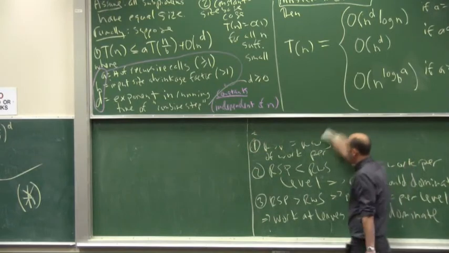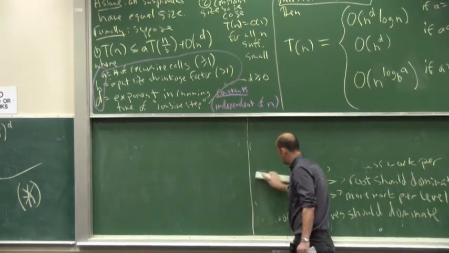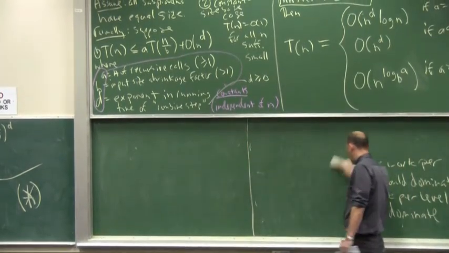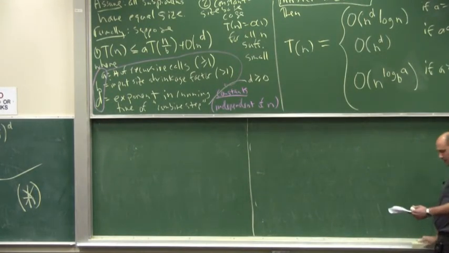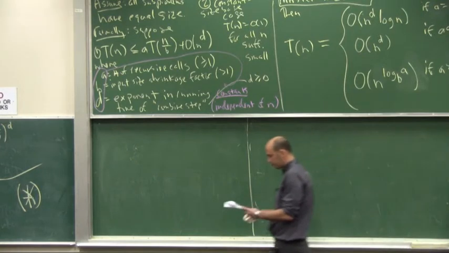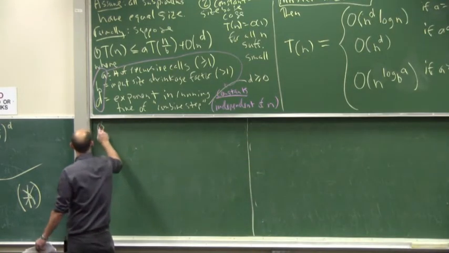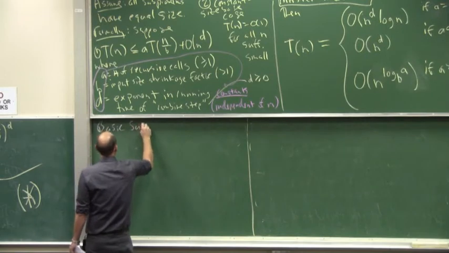For the other 2 cases, I have to remind you of a simple fact, which I wouldn't be surprised if it was problem number 1 on homework number 1 in a class like CS 103. So, a basic sums fact.